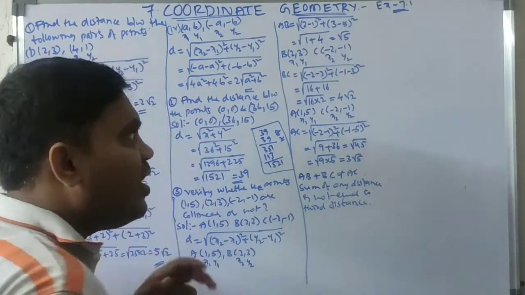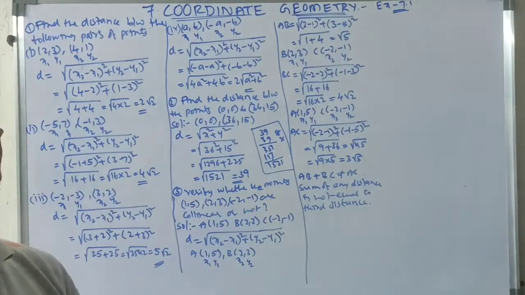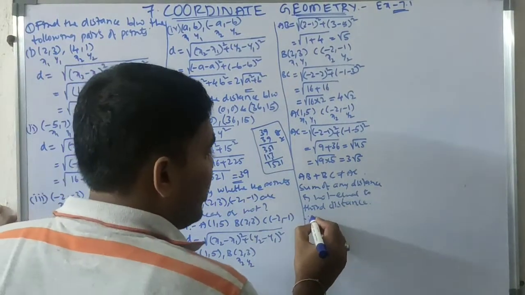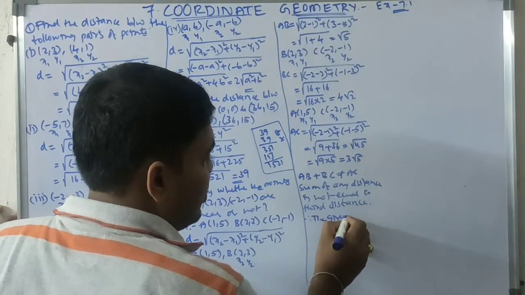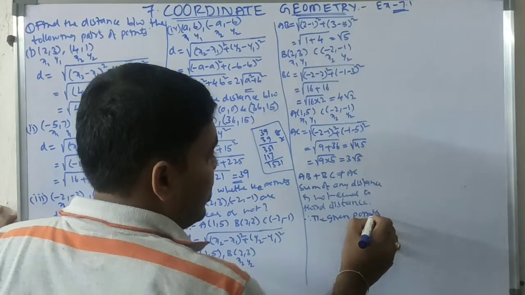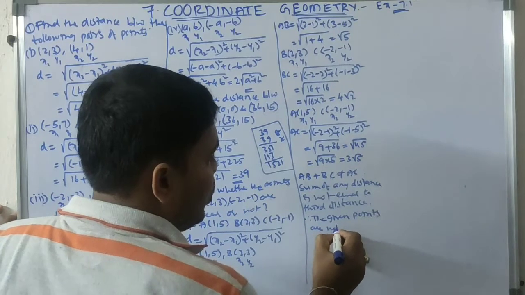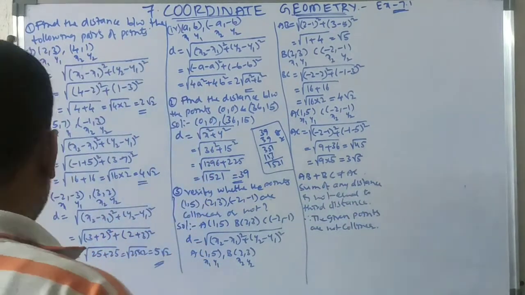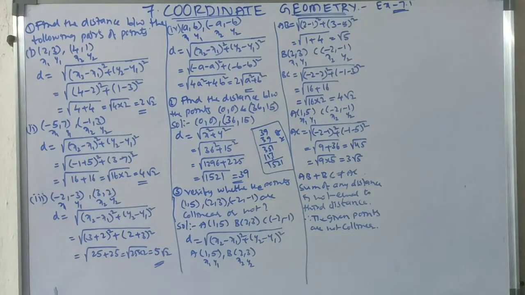If the sum of any two distances is equal to the third distance, then the points are collinear. So the given points are not collinear. Okay. Next, coming to the fourth question.